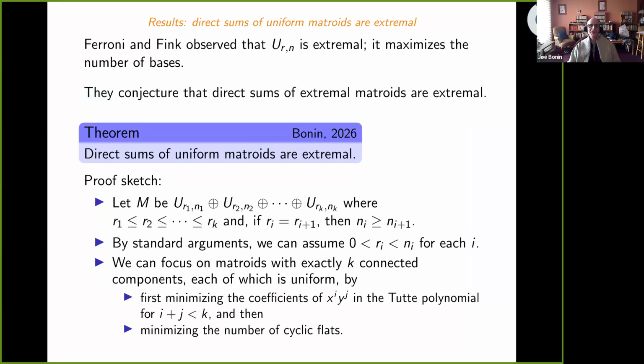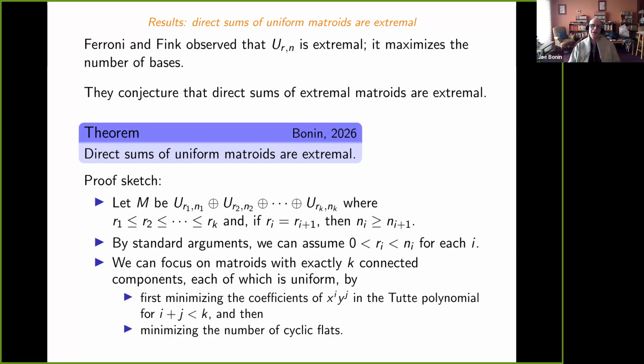So let's instead turn to a different direction. Louise and Alex observed that uniform matroids are extremal, maximizing the number of bases. They have a conjecture, and this is one of their conjectures that really intrigues me that I have not been able to prove, that direct sums of extremal matroids are extremal.